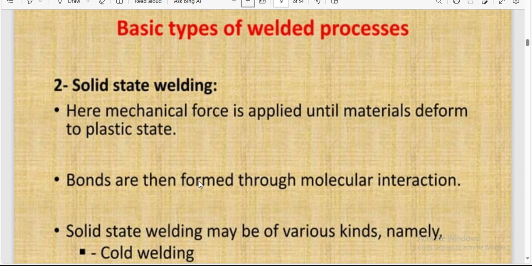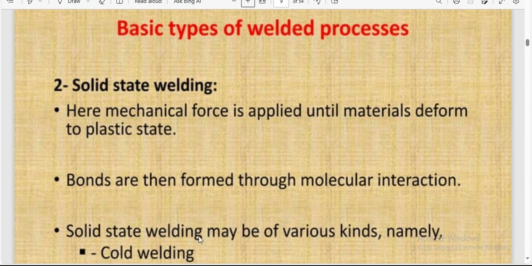After the load or force is applied on the two or more materials, some deformation takes place due to the applied force. In that case, the joining mechanism here is bonding due to the molecular interactions of the atoms available in the base metals, or we can use a small amount of filler material.